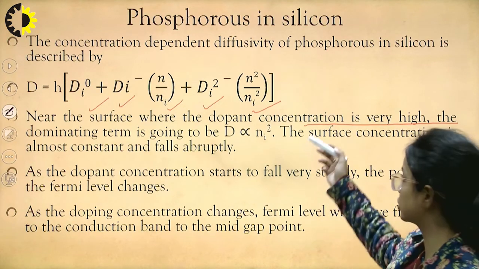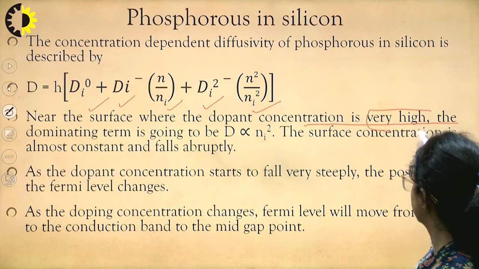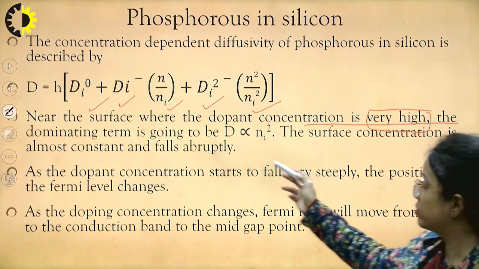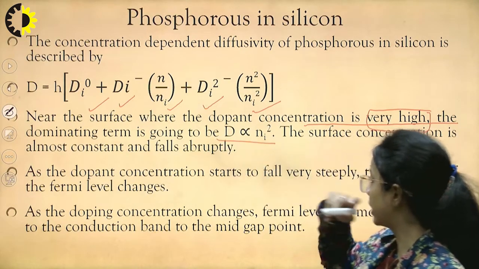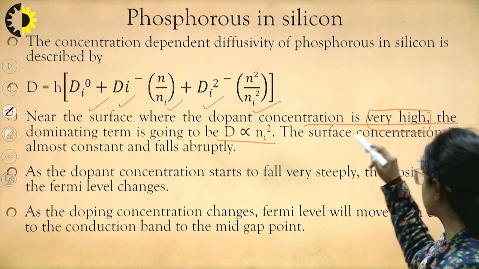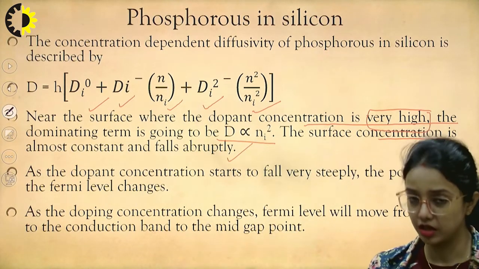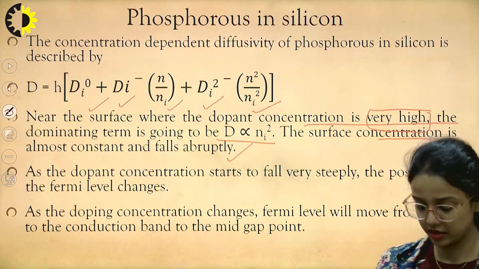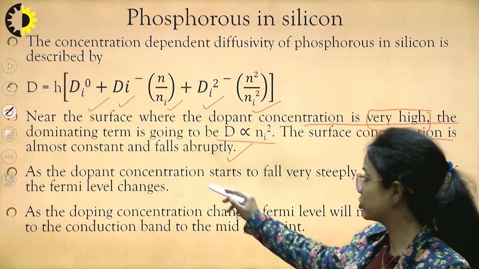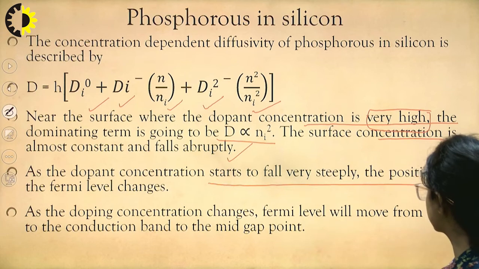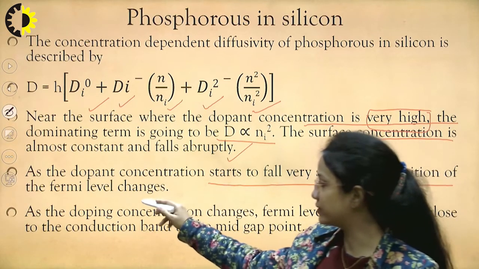Near the surface, the dominating term is going to be D proportional to n squared by ni squared. The surface concentration is almost constant and it falls abruptly as we move on by increasing the junction depth. As the dopant concentration starts to fall very steeply, the position of the Fermi level changes.